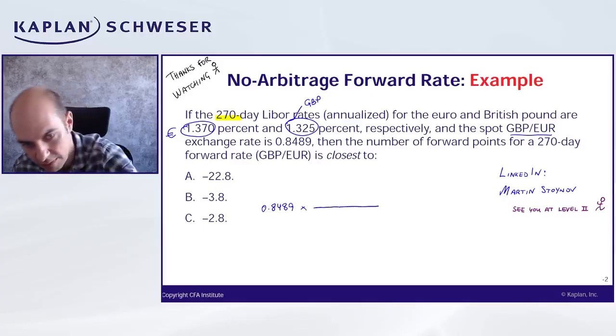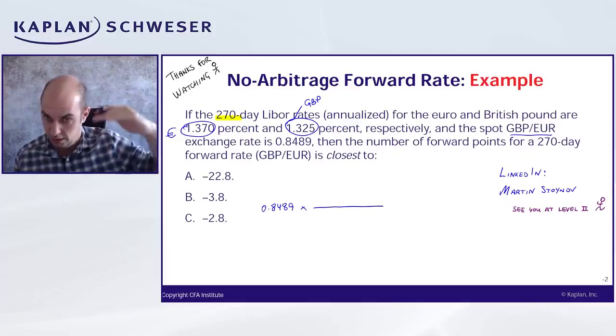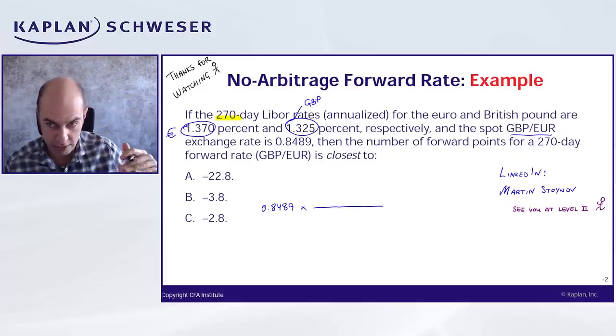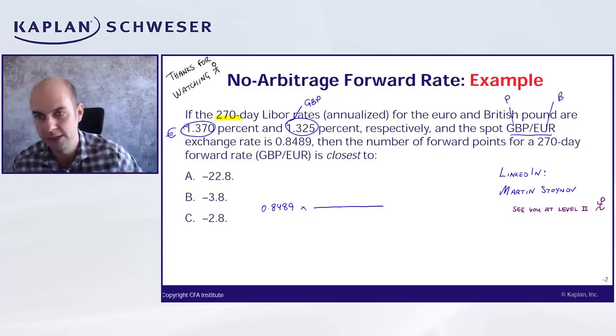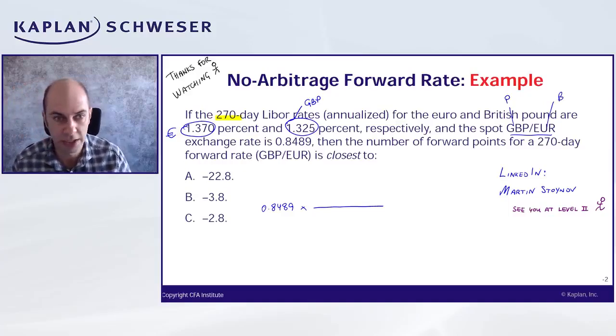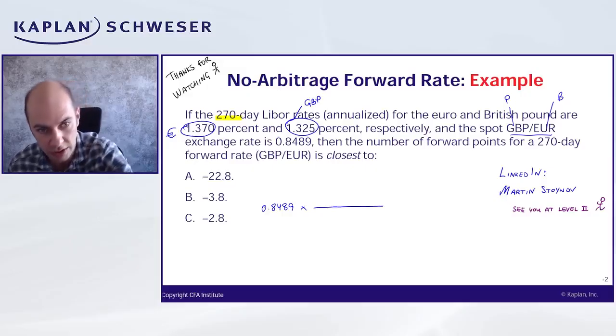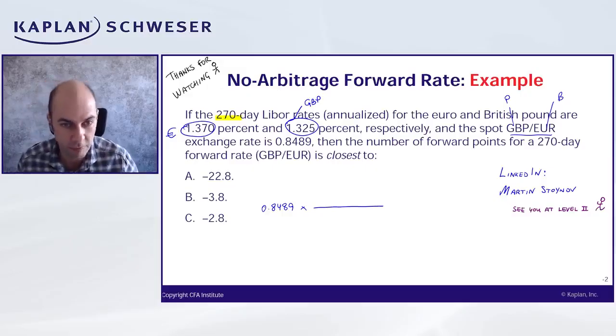Now I need to get my interest rates correctly. So notice that GBP is my price currency, euro is my base. So I'm going to follow the famous numerator-denominator rule. Because pound is the numerator, I'm going to find the numerator interest rate, which is, as I've written, 1.325.